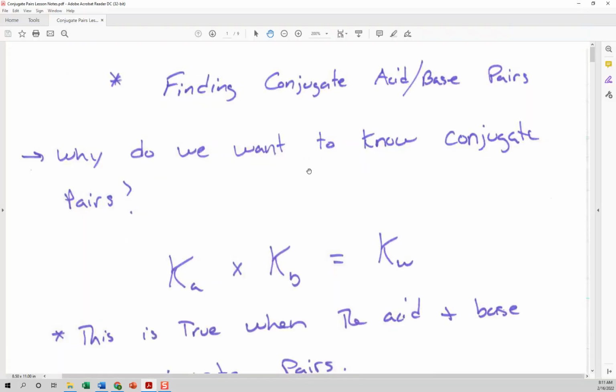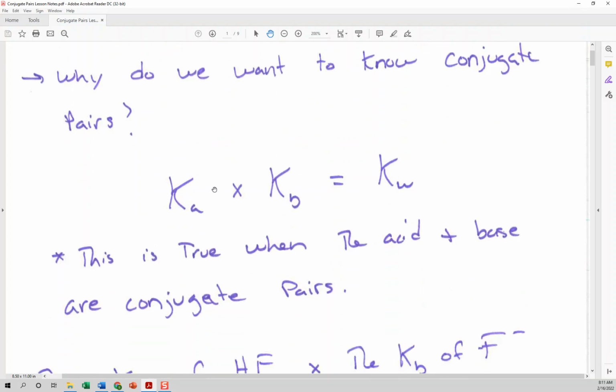All right. So why do we need to know the pairs? This is number one, okay? You're given more information when you know you have conjugate pairs because this is an equation that we got to follow. This equation's on your formula sheet. It says Ka times Kb equals Kw. Now, let's understand, it's not any Ka of any weak acid times any Kb of any weak base equals Kw. The acid and the base in this scenario have to be conjugate pairs.